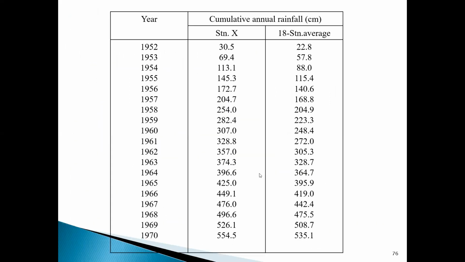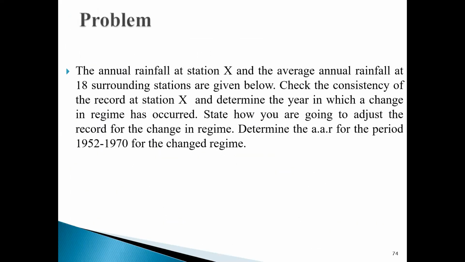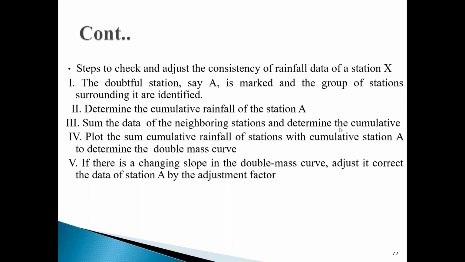Every time you will have this question in the examination. Sometimes they will give the question like this: how are you going to adjust the rainfall record at a particular rain gauge station for the changed regime or changed environment.